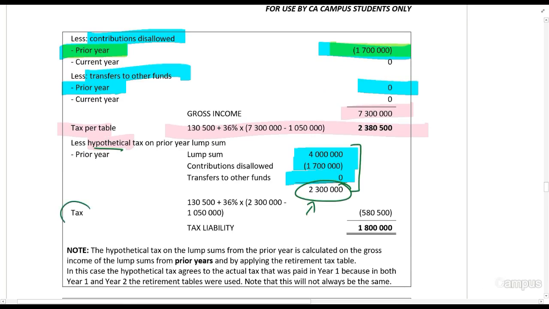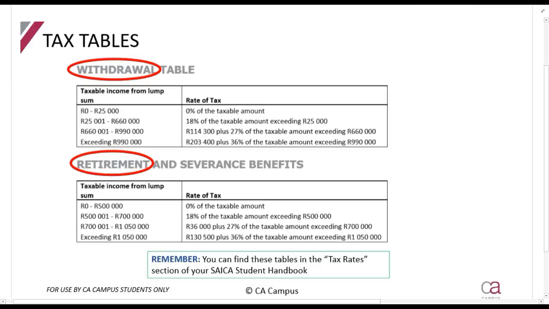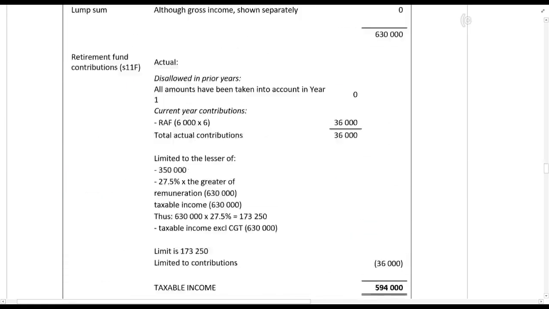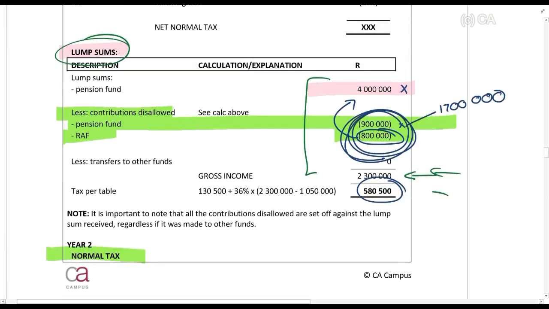What is the hypothetical tax that I would pay on that using today's tax table? So whatever tax table you used over there, you must now use over here. And in this case, in both instances, it would be the retirement table that you use because you're currently retiring. And that is what you then deduct. Now this 580,500, if I go back to year 1, you'll see that's the same amount that you calculated.